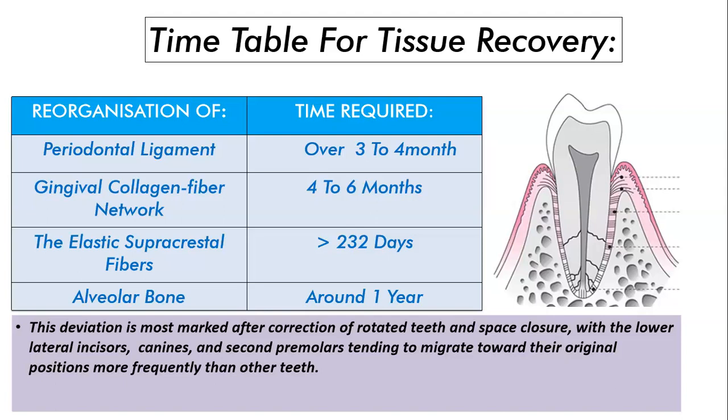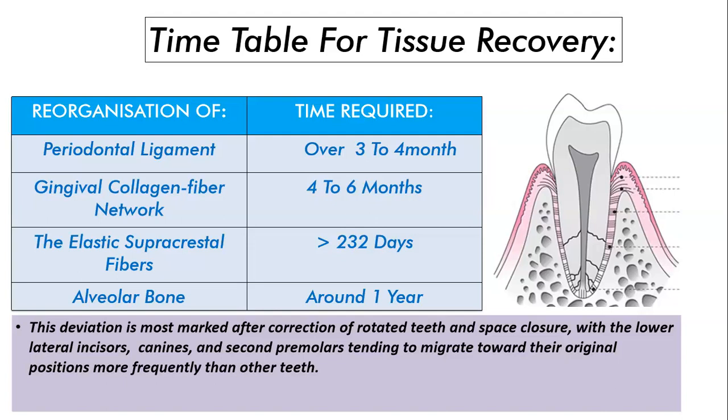And these kinds of deviations or relapse are also more common on certain teeth, like your lower lateral incisors, canines, and second premolars, which tend to migrate towards their original position much more frequently. Okay, so this is the timetable for tissue recovery. How long does the PDL as a whole take to reorganize?